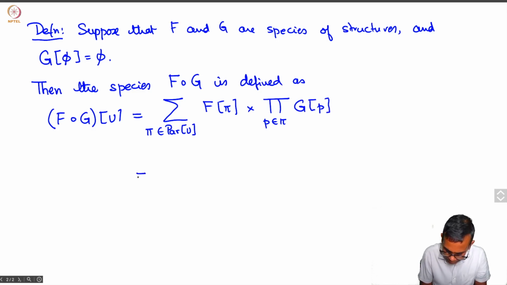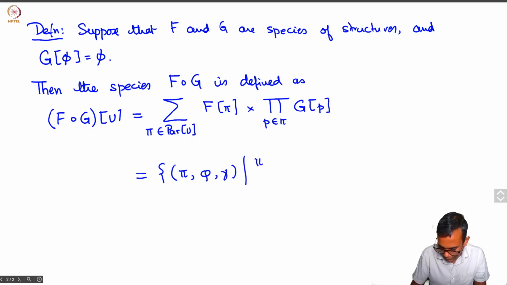In other words, an F circle G structure on U consists of a triple: pi, which is a partition of U; phi, which is an F structure on the blocks of pi; and gamma, where gamma is a bunch of G structures on the blocks.